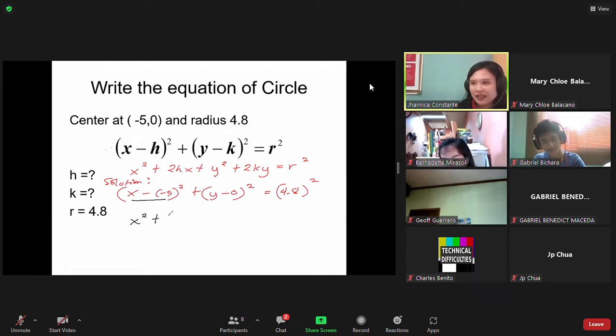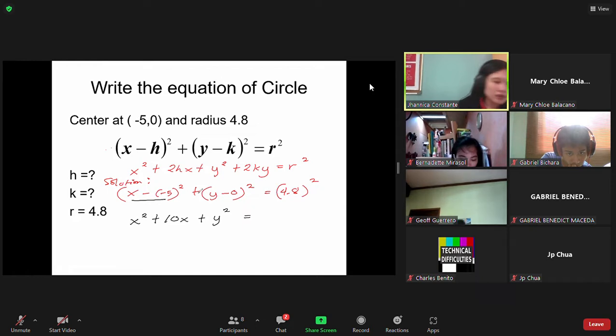plus 10x, plus y minus 0 squared, which is y squared, equals 4.8 squared, 4.8 times 4.8, which is equal to 23.04.